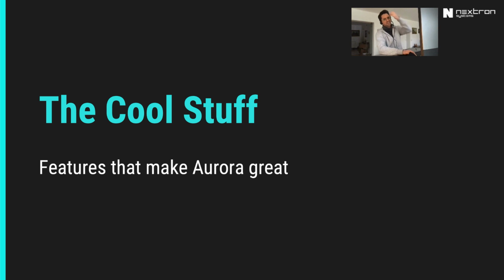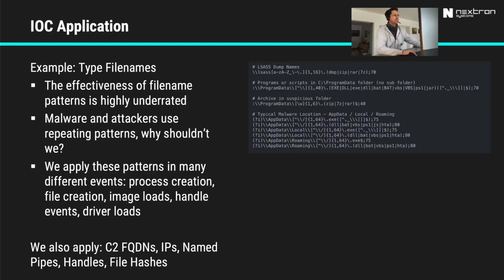So now let's come to the cool stuff, the stuff that I really like. As I already mentioned, the IOC application is also now part of the function set of Aurora, the Lite and the Pro version. In the Lite version, we only include the IOCs that are published in the public GitHub repository.